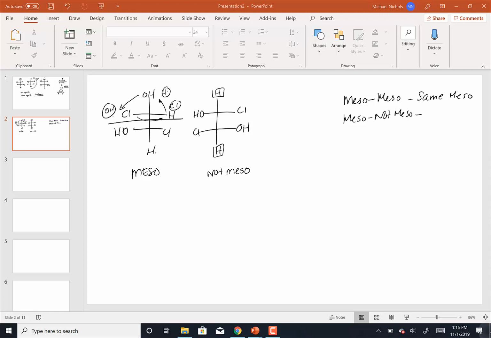Then one's meso, one's not meso. Diastereomers. You have to be more aggressive in your saying of diastereomers.